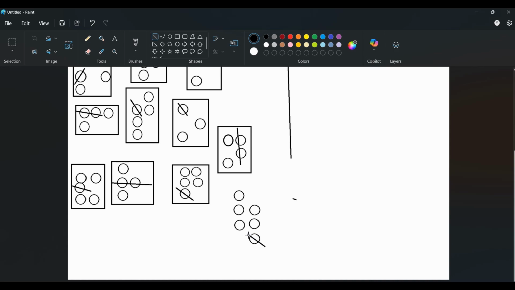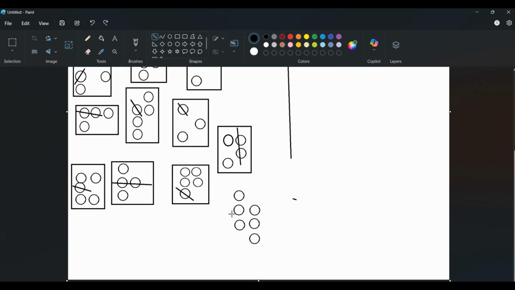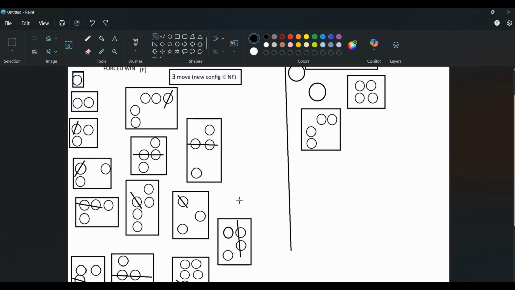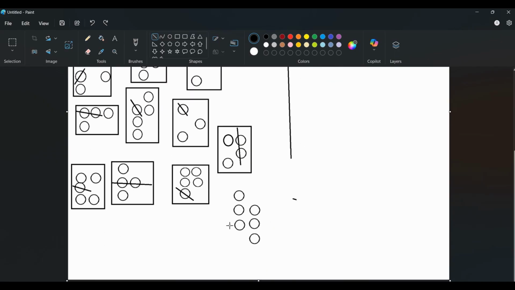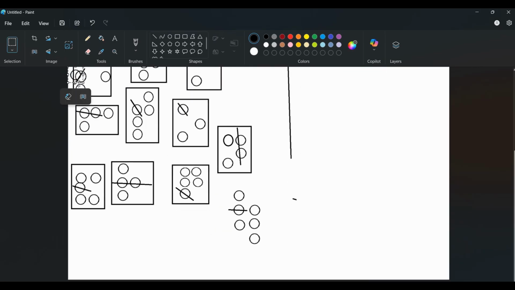If I play this, it belongs to F. If I play this, it belongs to F. Similar to this, this belongs to F. If I play only this, we didn't analyze this case before. So we should analyze this case first.